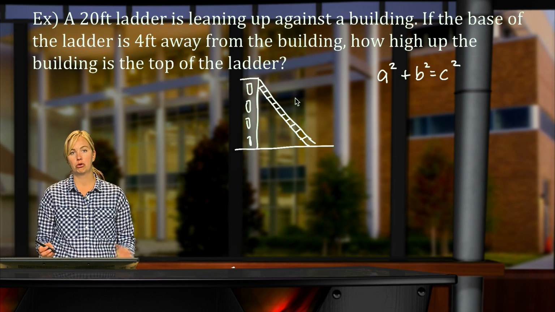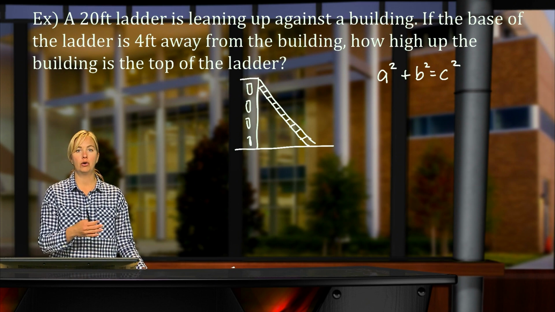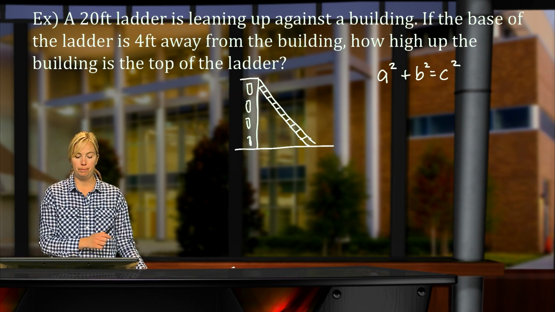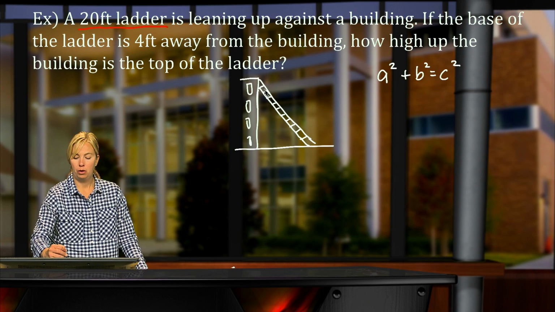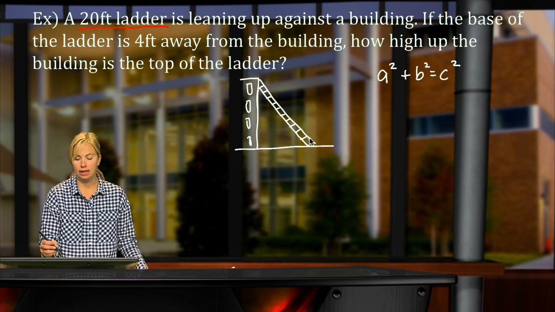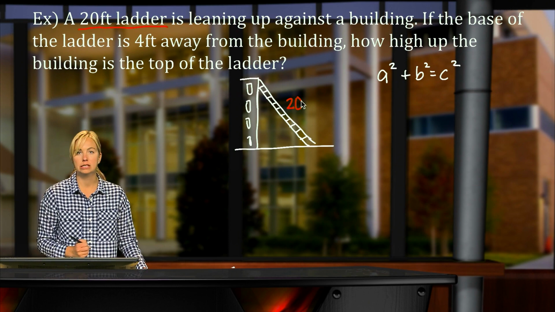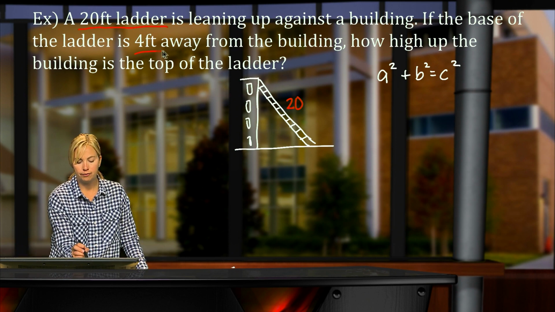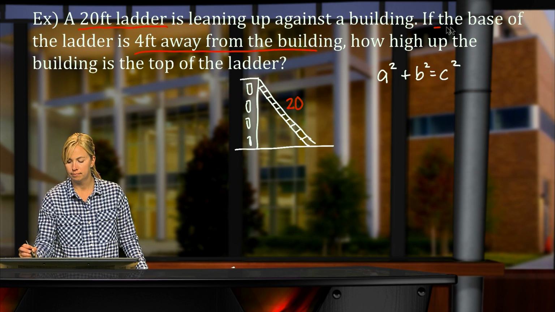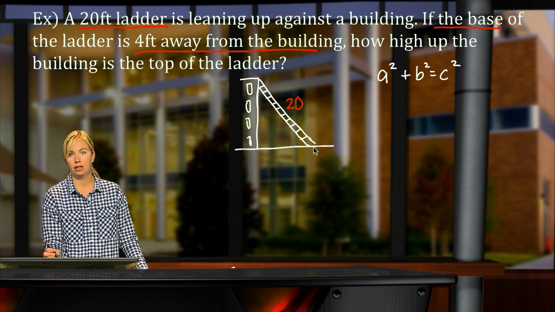So now we want to go through and label the three sides of my triangle based on the description from the problem. The ladder itself is 20 feet. Well, this diagonal is representing the ladder, so my hypotenuse is 20. It says the base of the ladder is 4 feet away from the building. This is the base of the ladder, the bottom.